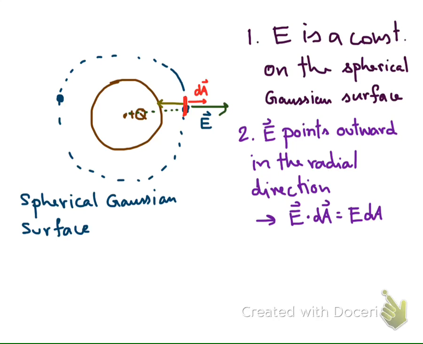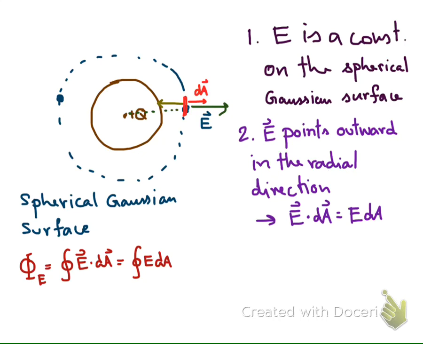Okay, so once we have these two expectations, the calculation is quite simple because we can use the Gauss law. The flux is equal to the integral over the closed surface E dot dA, which is equal to the integral over the closed surface E dA.